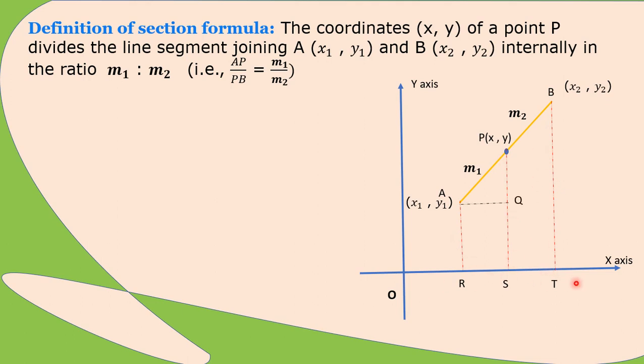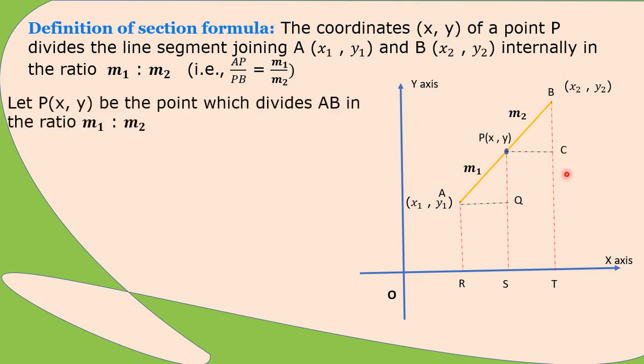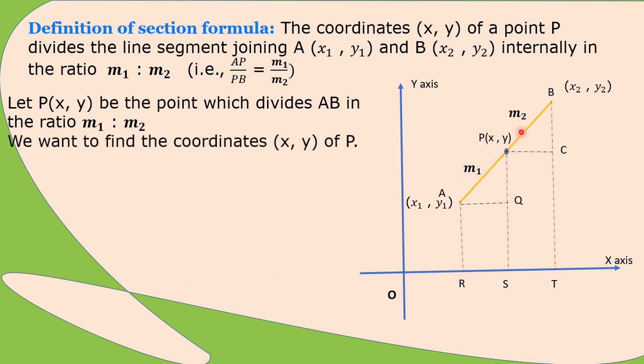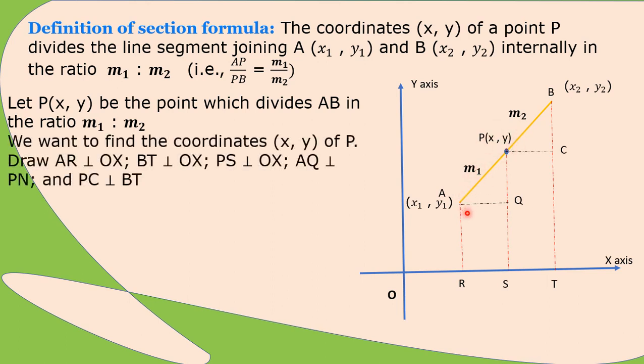Similarly, we have to draw the perpendicular from A to the line segment PS, that is the point Q, and also from P draw the perpendicular on line BT, that is C. So we have to find the coordinates of point P, which divides the line segment in the ratio M1 to M2. So we have drawn the perpendiculars on the x-axis as well as on the line segments PS and BT.